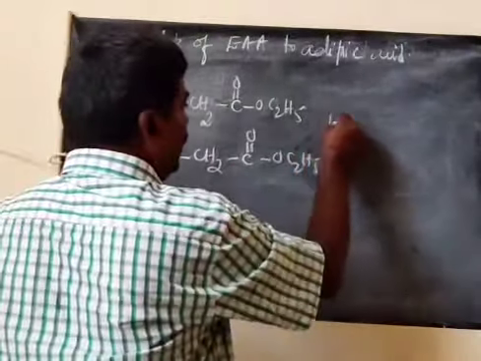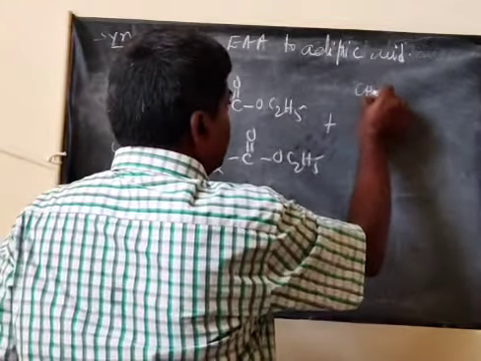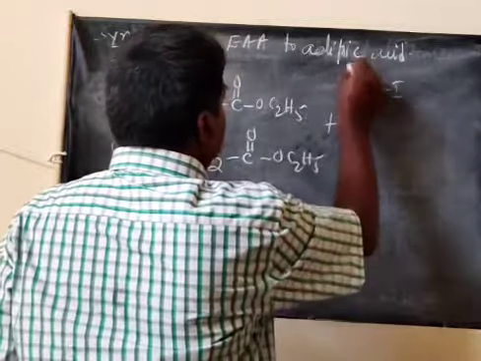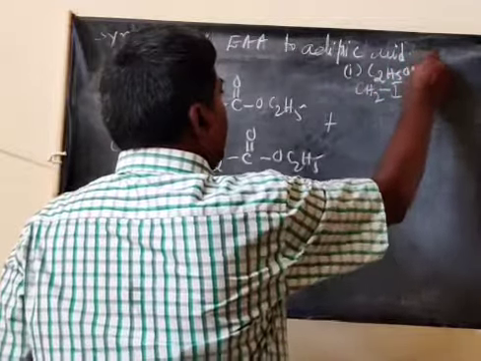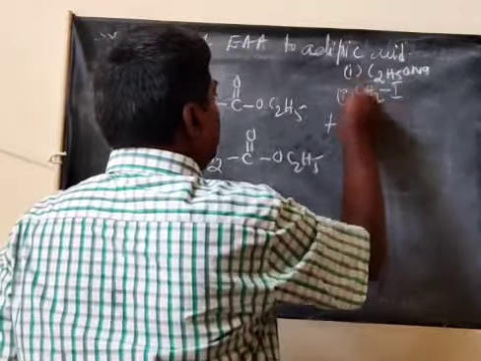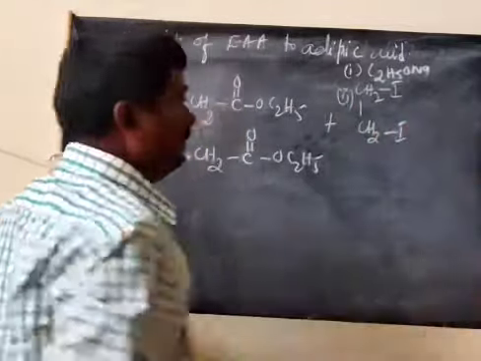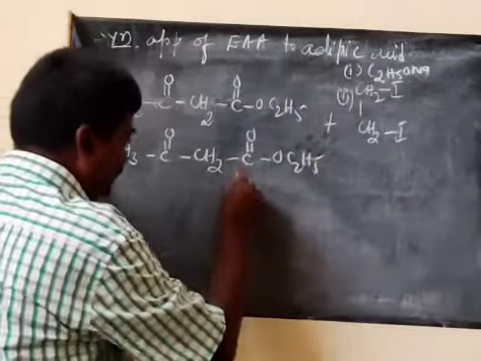This is treated first with sodium ethoxide, C2H5ONa, and second with ethylene diiodide, CH2I CH2I. See what happens.